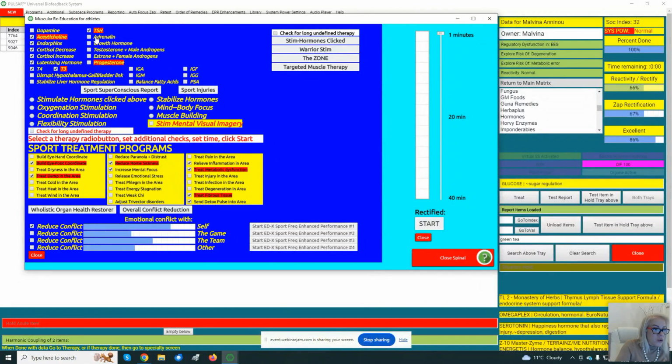This is red, so I'll do it. I'll choose that one, the growth hormone, testosterone, estrogen, and progesterone. Okay, and just stabilize them. And you can do it for a minute.